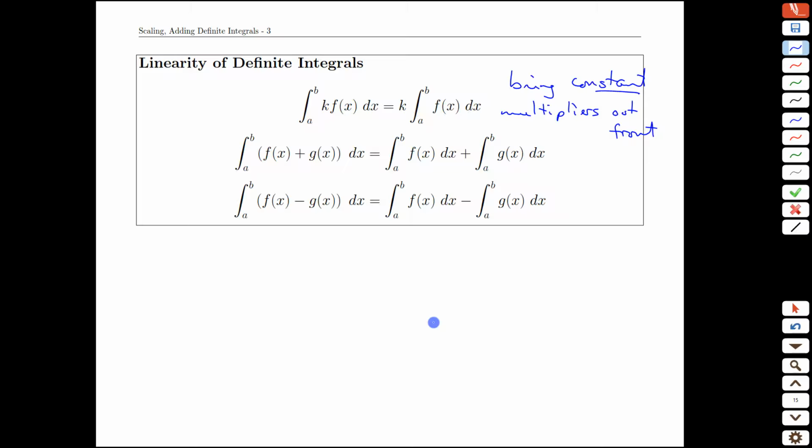You can integrate the f part first and then add the integral of the g part, and the same applies, of course, with subtraction. These tend to be quite intuitive for most students. Where we get into problems is with other operations like multiplication of functions. Those turn out to be complicated, but for constant multipliers or adding and subtracting functions, integrals behave exactly the way you would expect.